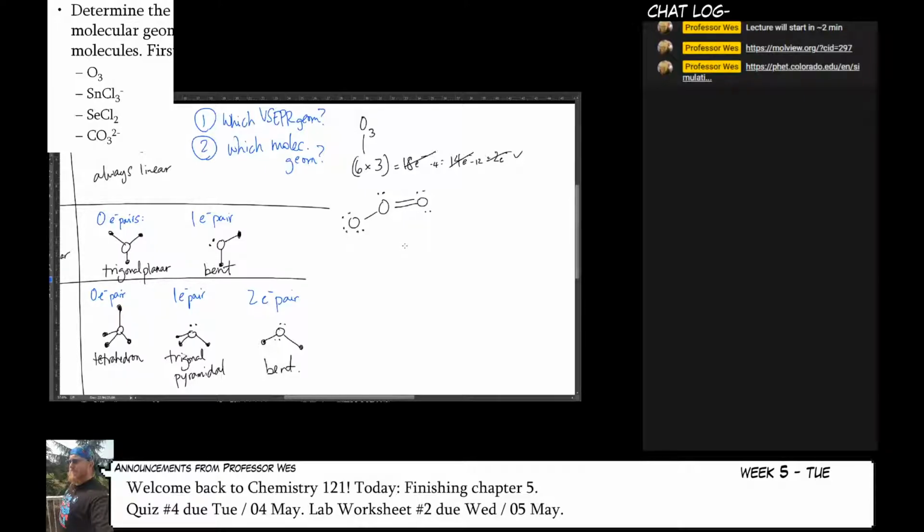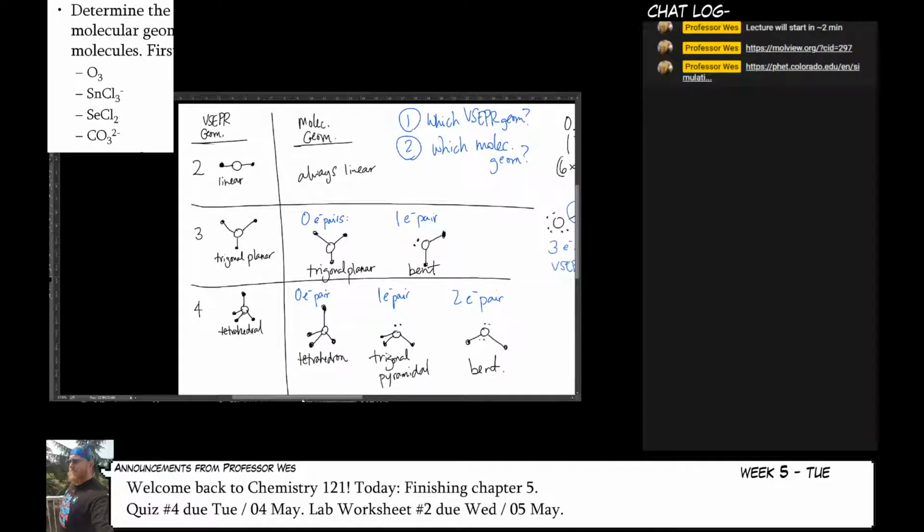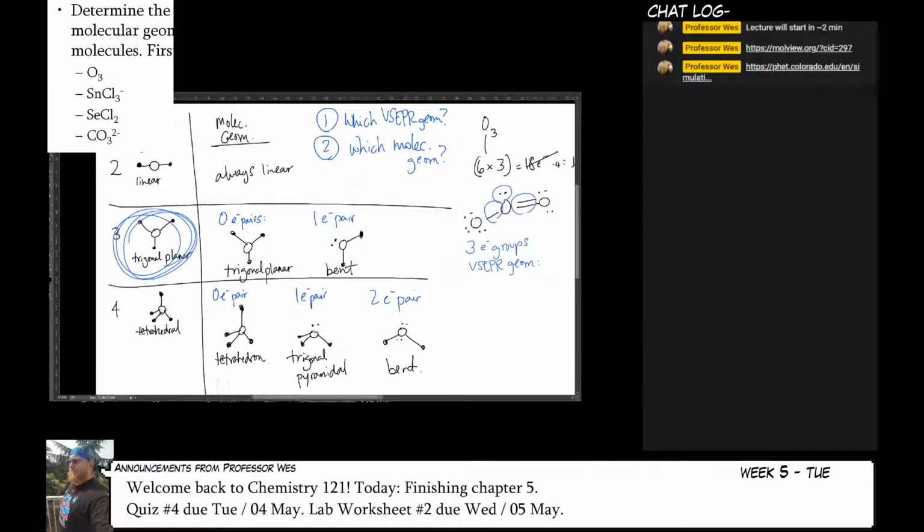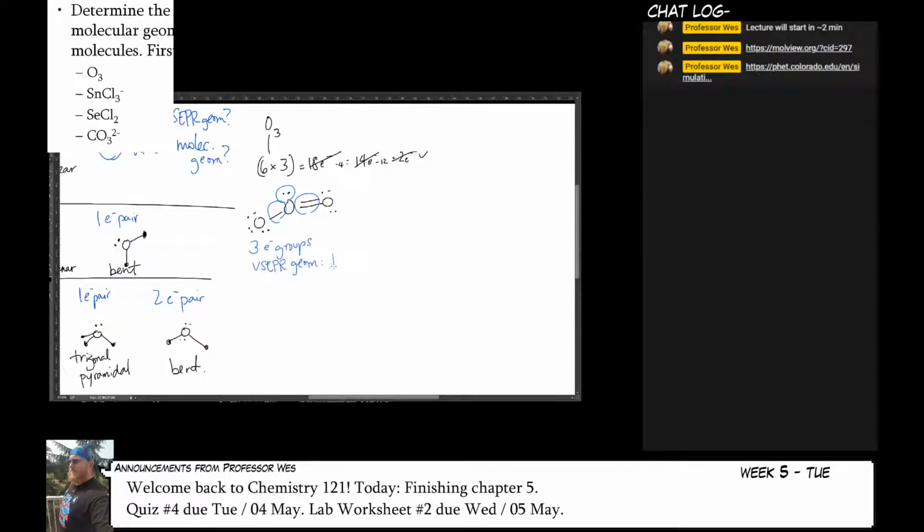All right. Now I need to ask myself, where are the electron groups? Well, there's a bond here, non-bonding pair here, and a double bond here. So there are 3 electron groups. So if I have 3 electron groups, what is the VSEPR geometry? Well, if I go back to the chart here, I see that 3 is trigonal planar. So the VSEPR geometry of ozone is trigonal planar.